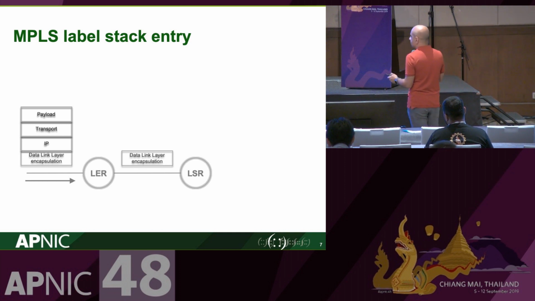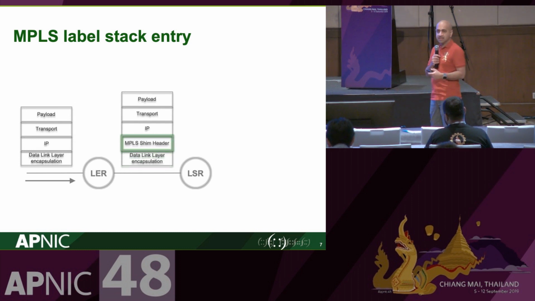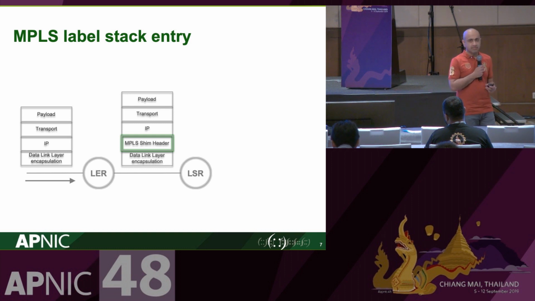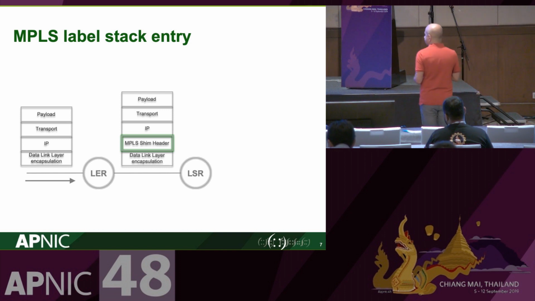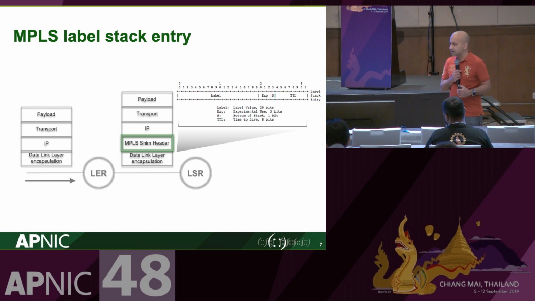What the LER does is put an MPLS shim header in there. So MPLS is not really an encapsulation. It's just putting a shim header in there. It doesn't encapsulate the entire packet with a new encapsulation, but it does put this header in. It's a bit like a VLAN tag, when you put a .1q header in there.